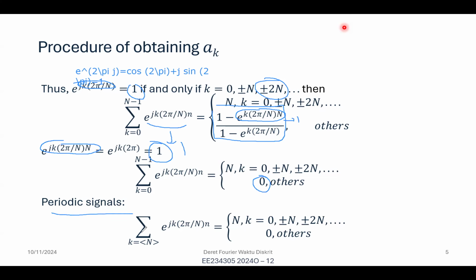And for periodic signals, we end up having this. So for k from 0 until N minus 1, e to the power of jk 2 pi over N times n would be N for k in the period and 0 for others, right?